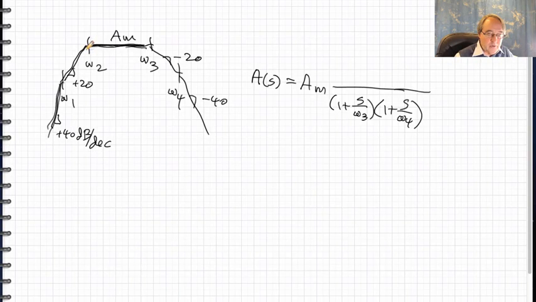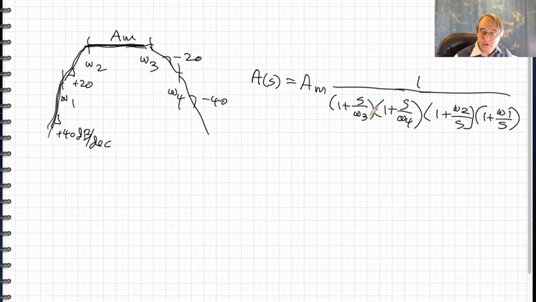The inverted forms will cause the transfer function to roll off at low frequency, but they will have 0 dB asymptotes over the midband and higher frequencies. So we can have an inverted pole at omega 2 and an inverted pole at omega 1, and the numerator is just 1. So this is a valid way to write this transfer function.